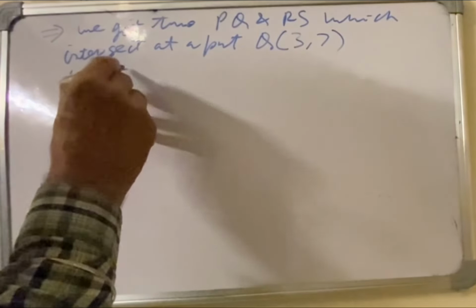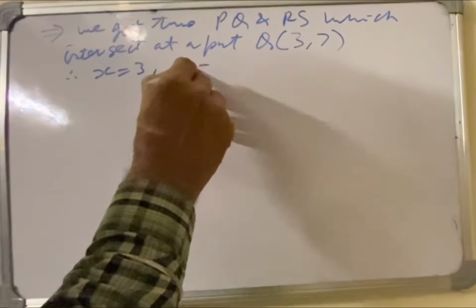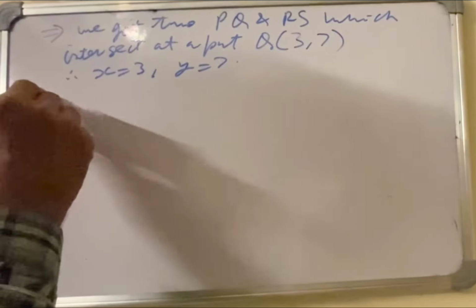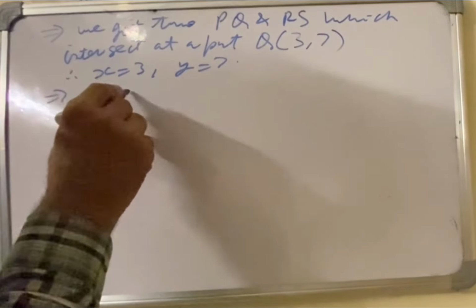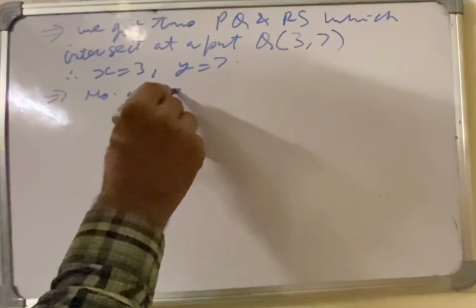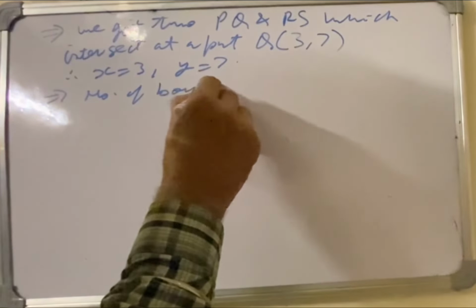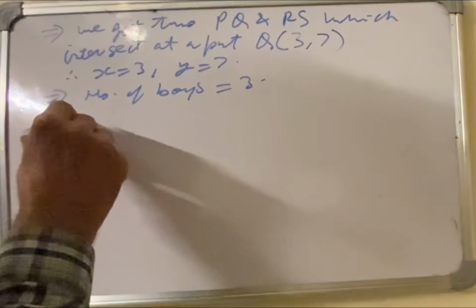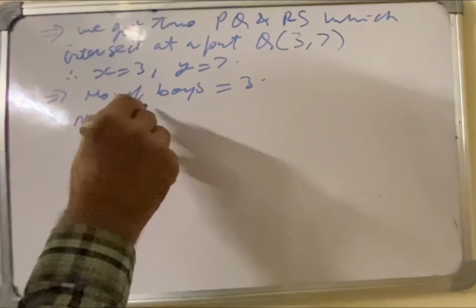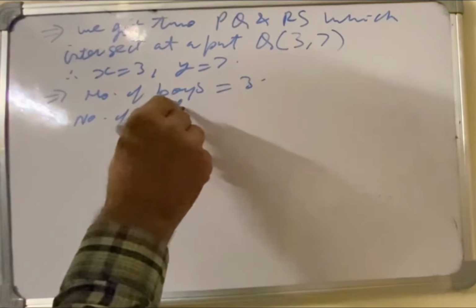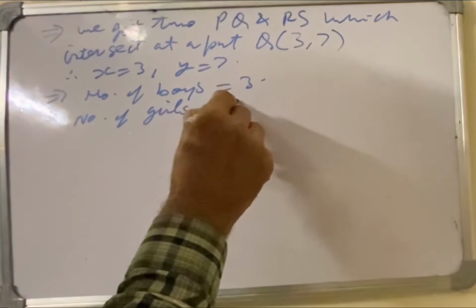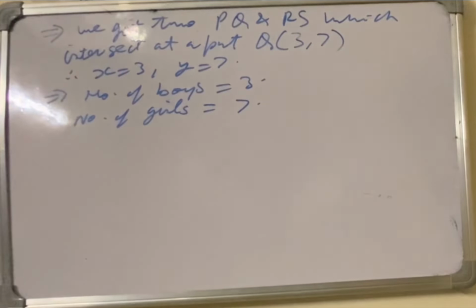Therefore, x is equal to 3, y is equal to 7. Therefore, the number of boys who participate in the quiz is 3 and the number of girls who participate in the quiz is 7.